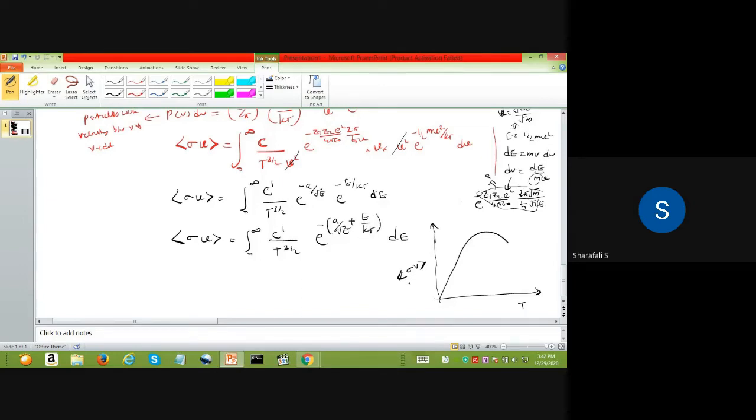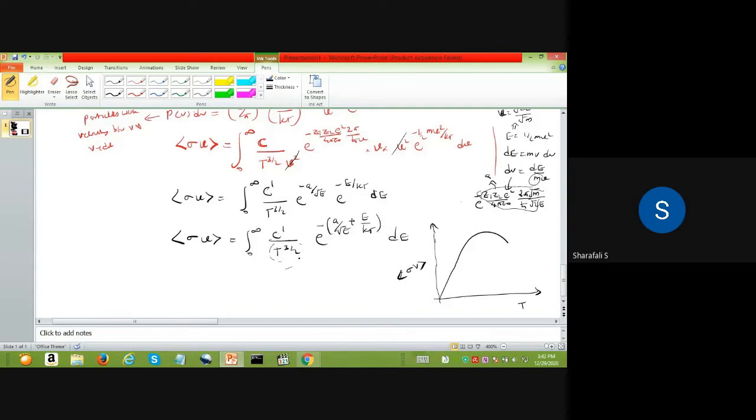When you calculate sigma v with different energy, initially here we have one T, here we have T raised to 3 by 2 also. So when your T is small, your average value of sigma v will be larger.